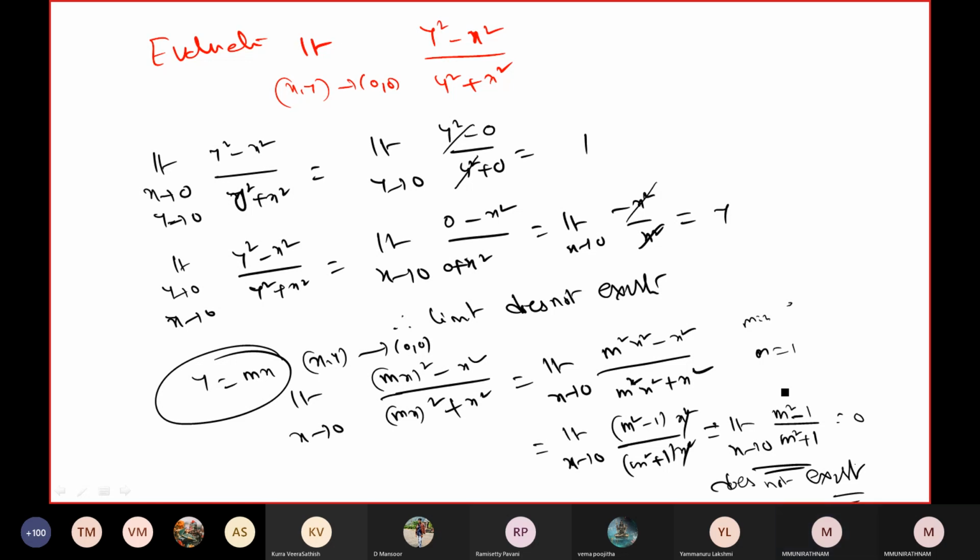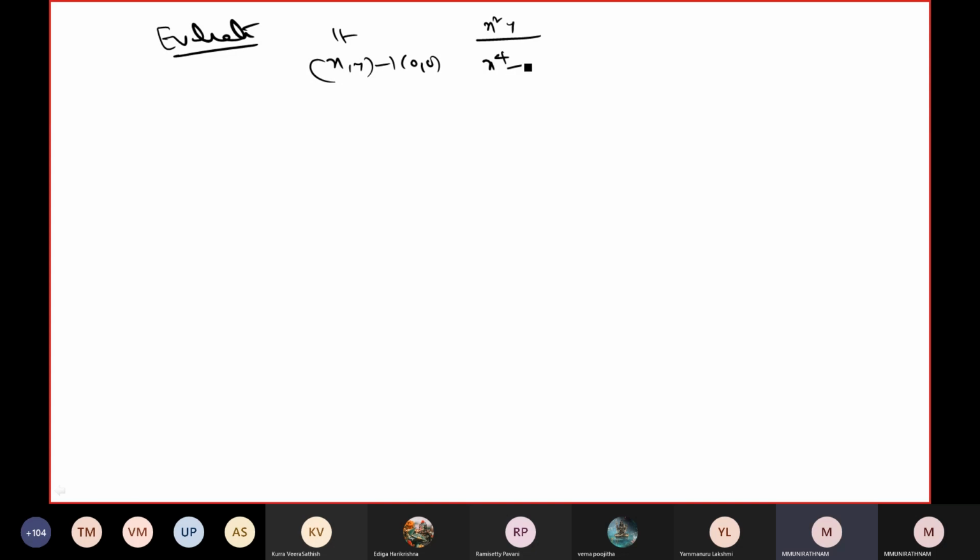So write down: evaluate the limit as x comma y approaches 0 comma 0 of x square y by x power 4 plus y square. Okay? First let us do the two-path method. X approaching 0, y approaching 0, x square y by x power 4 plus y square.